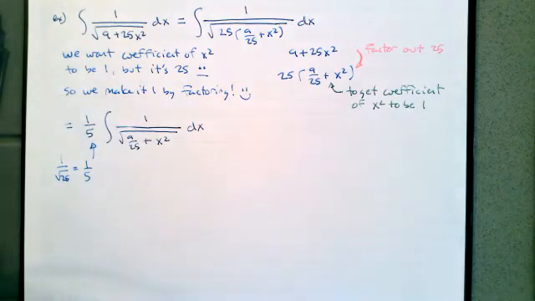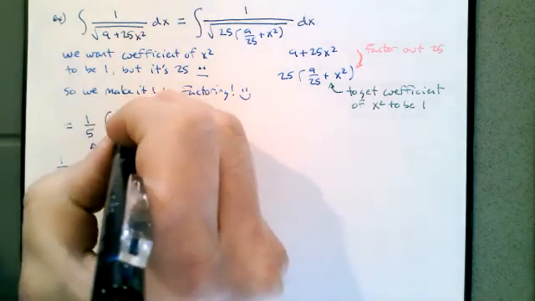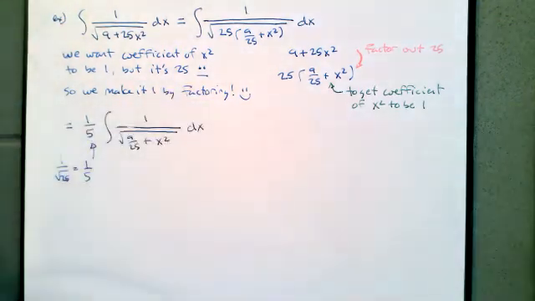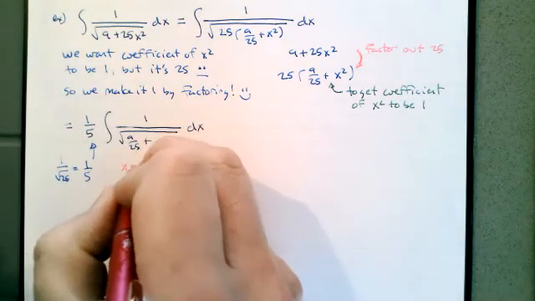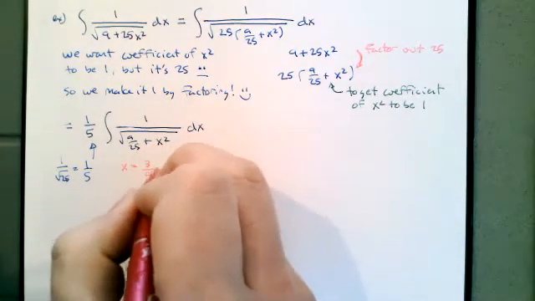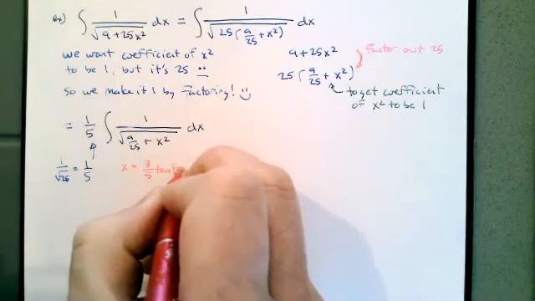So now we have a coefficient of 1 for x squared. We're ready to apply the tangent case. What's being squared to get 9/25 is 3/5, so x will be 3/5 tangent theta.